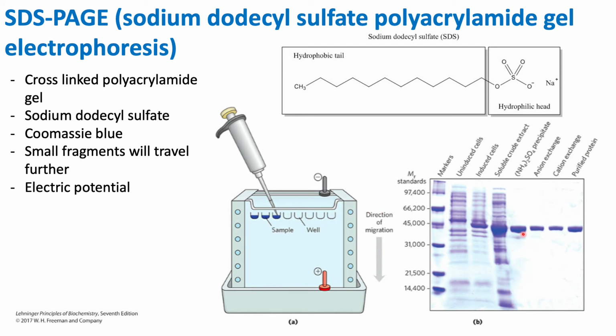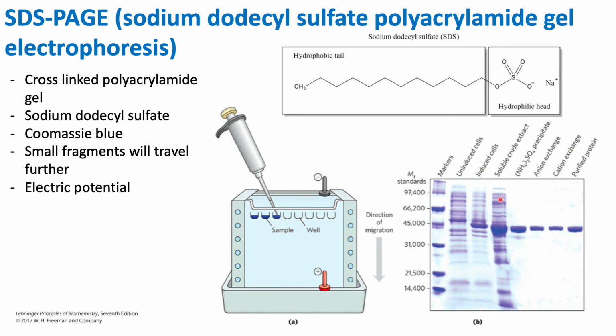But if we only see a single band, that means we only have one type of fragment in there, which indicates that our sample is pure. So in our anion exchange column, we see one mark. Cation exchange, we see one mark. So whatever protein or fragment we had, it purely exists alone within our sample. So we would say it's a pure sample.